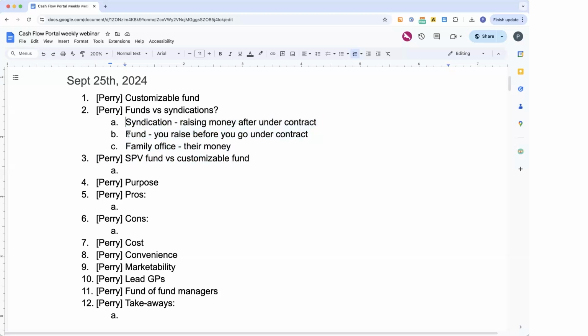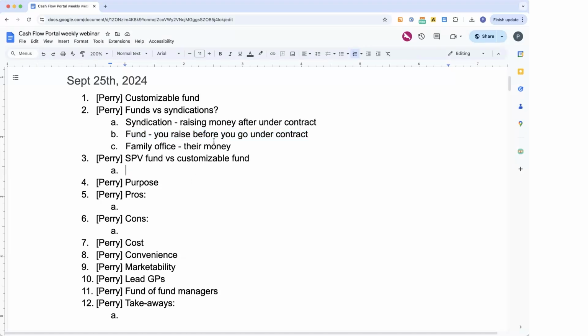So that's the purpose of a fund, which is to raise money before you go under contract, kind of like a family office. There are many variations of it, but that's the essence of a fund: have the money ahead of time, so you don't have these anxieties during the phase of closing on something.